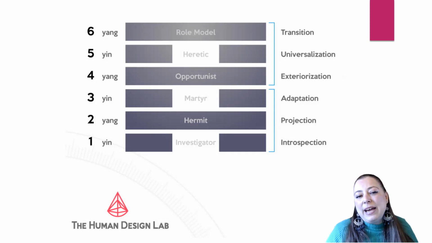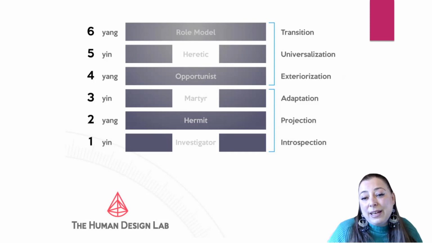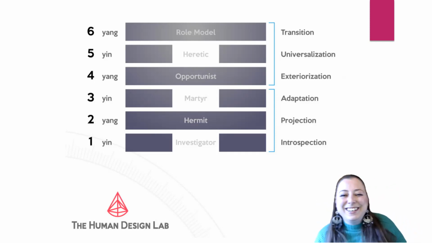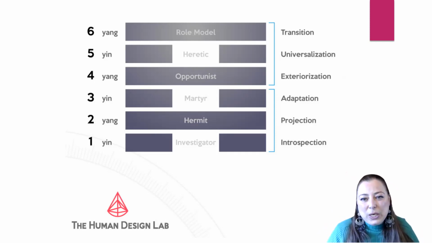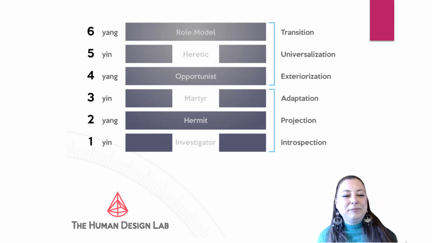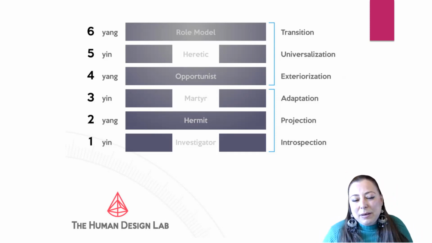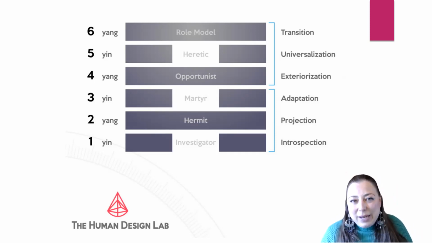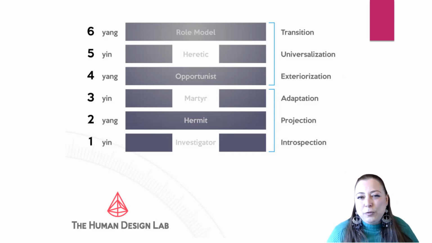Then the fourth line, the opportunist, where we have externalization. It's a yang line, in order to influence their network with their foundation. They need a yang energy to penetrate the other and influence them.